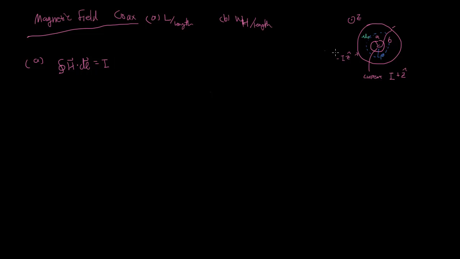And in this case, because of symmetry, you'll see that we can pull the H out and everything works out, right? So we can pull the H out and then come up with a closed form solution for the magnetic field.